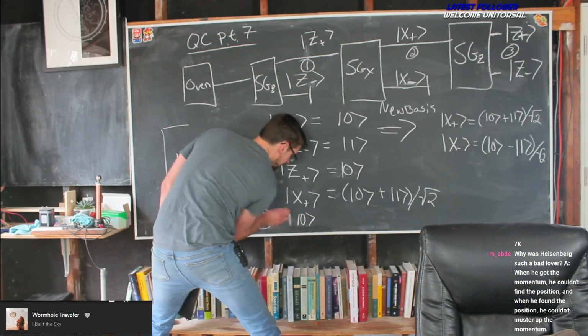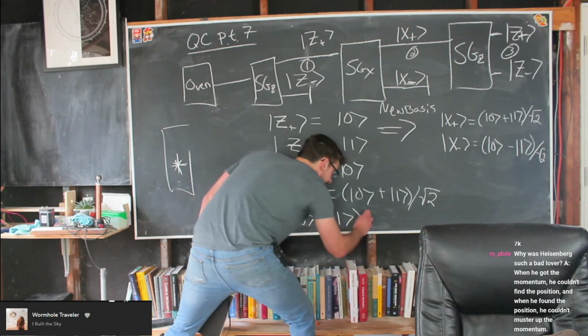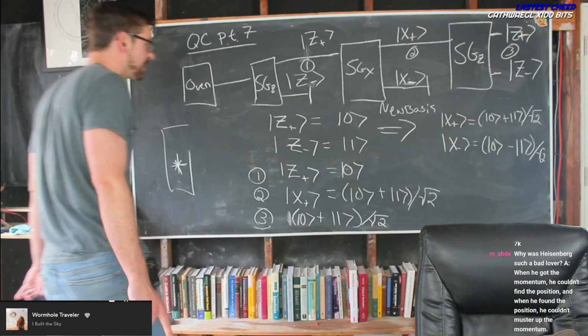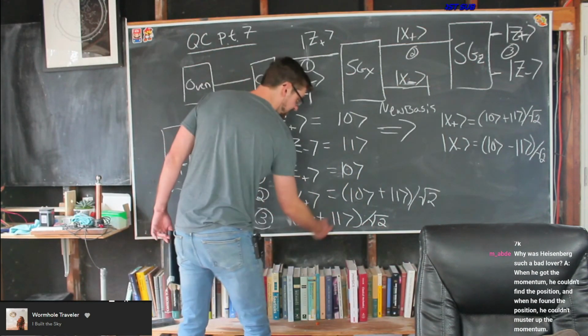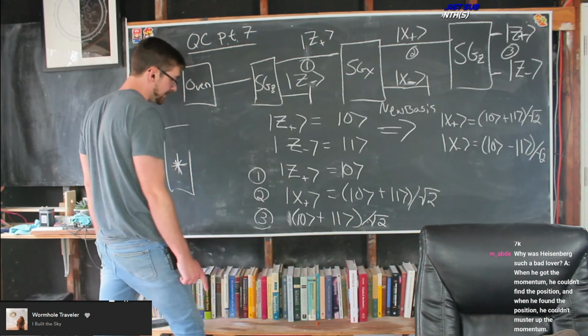0 plus 1 all over root 2, okay? So now this is the final thing we get at 3, just this superposition of Z plus and Z minus over root 2. I didn't write it like that. I should have written it like that.